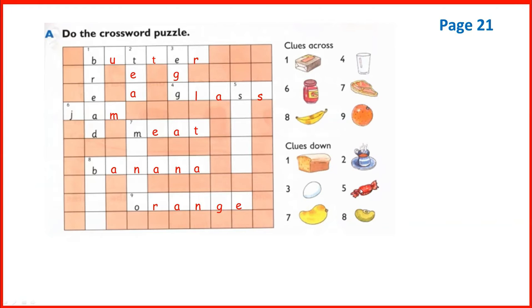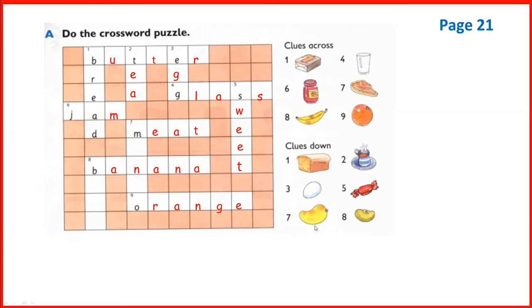Now number 5. Where is 5? Search, find out. Yes, this is number 5. And what is this? This is sweet, S-W-E-E and T. This is the spelling of sweet, S-W-E-E-T, sweet.